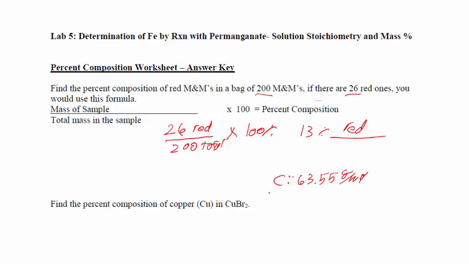And the bromine, so Br equals 2 times 79.90 grams per mole.